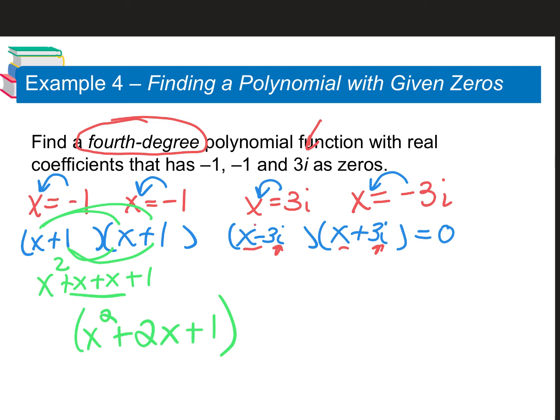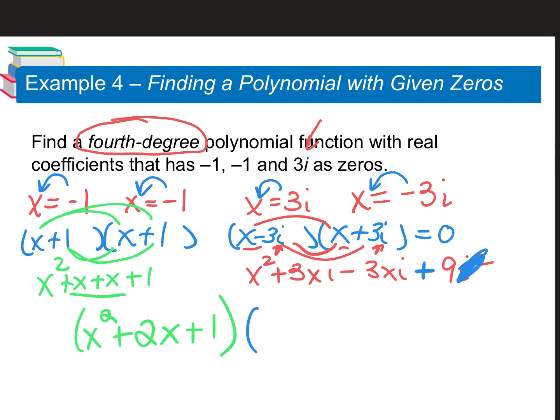It's the same pattern, it's just different because you have i's in it, and you'll see what happens here. So when we multiply, x times x is x squared, x times 3i is plus 3xi, negative 3i and x is minus 3xi, and then negative 3i and positive 3i is minus 9i squared. As soon as you guys see that i squared, we cross that off, that's a negative 1. So you multiply negative 9 and negative 1, it's going to give me a positive 9.